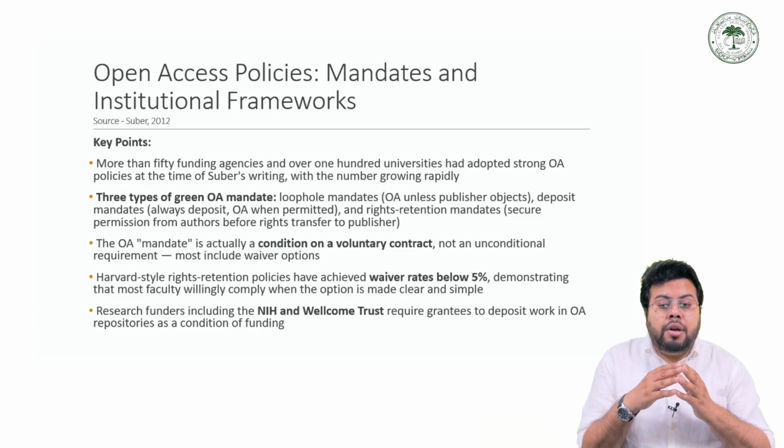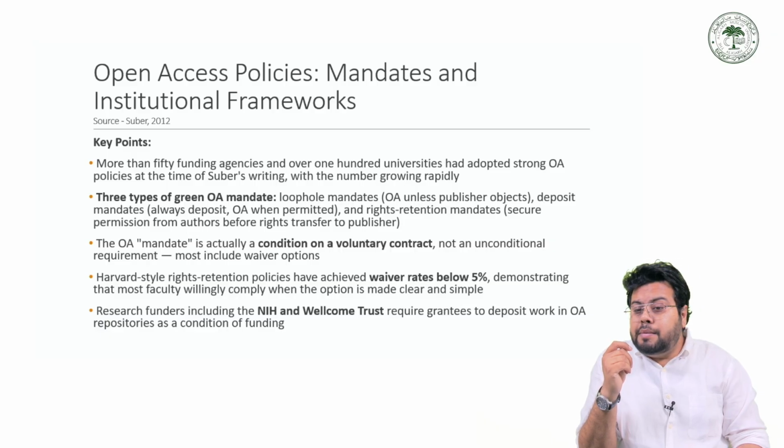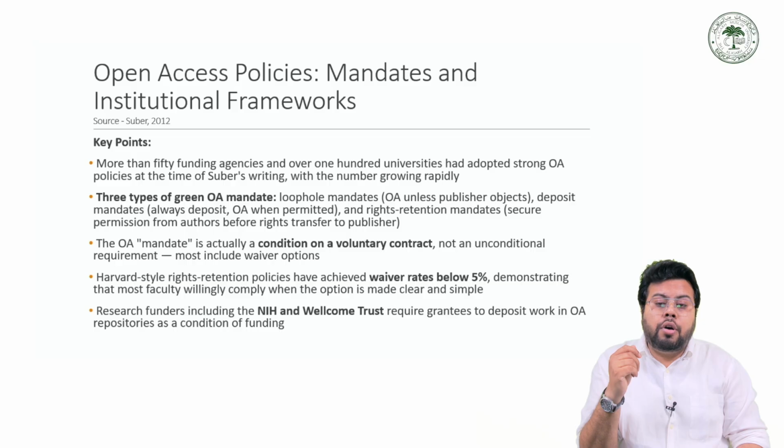When institutional policy makes the right choice the easy default, it works. And for you personally, if you receive funding from NIH or Wellcome Trust, open access deposit is already a condition of your grant. So understanding these policies is practically important for your own future research career.